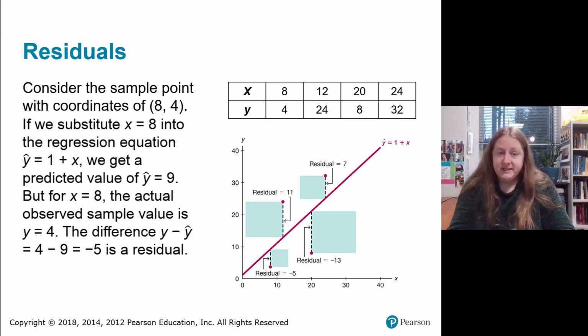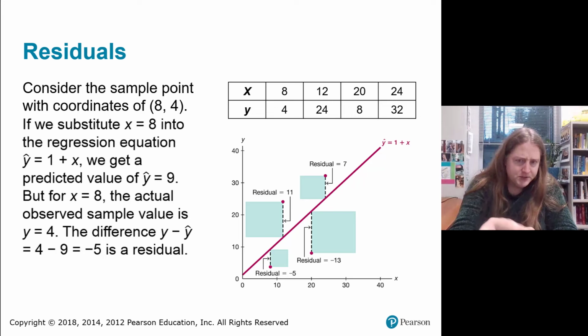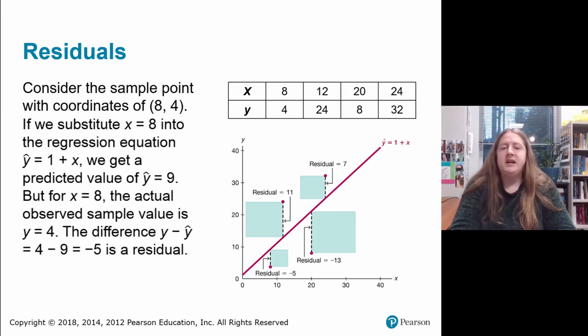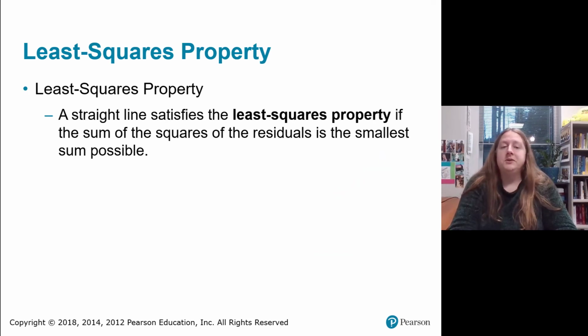Now, the reason that all of those things are showing as squares with side length of the residual is because we want something called the least squares property to be true about our regression line. A straight line satisfies the least squares property if the sum of the squares of the residuals is the smallest sum possible.